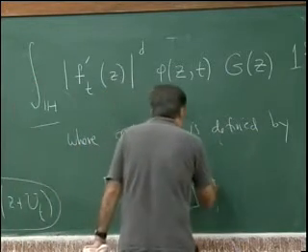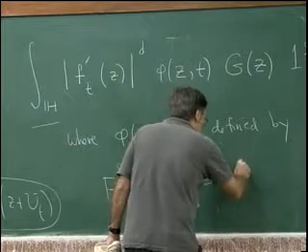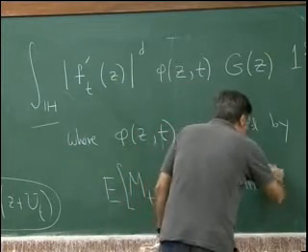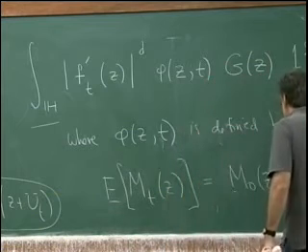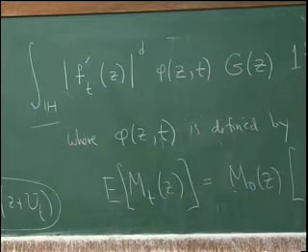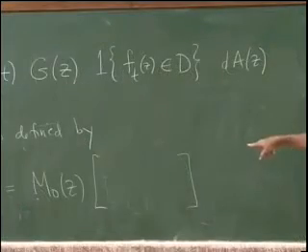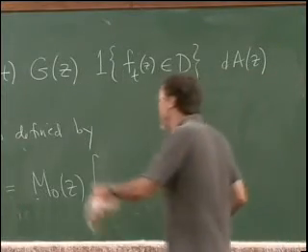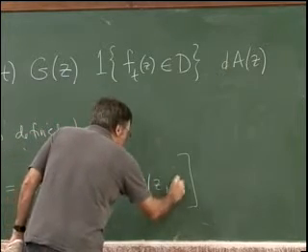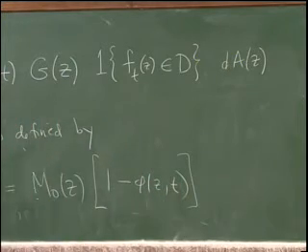So if I compare this to M_0(z), which is just G(z), this factor should be less than or equal to 1, and this is that factor right there.